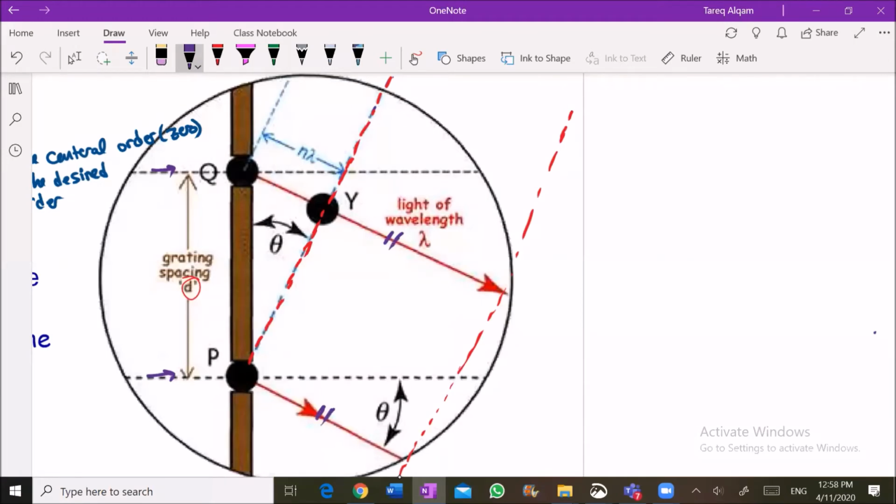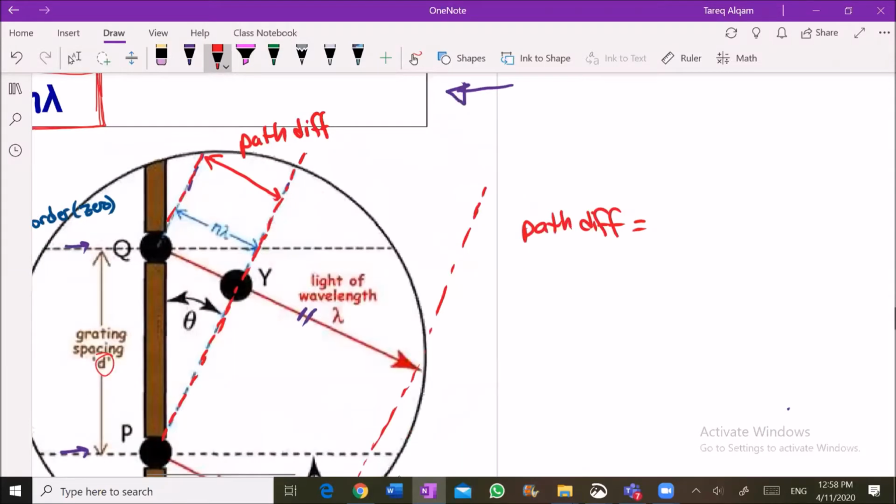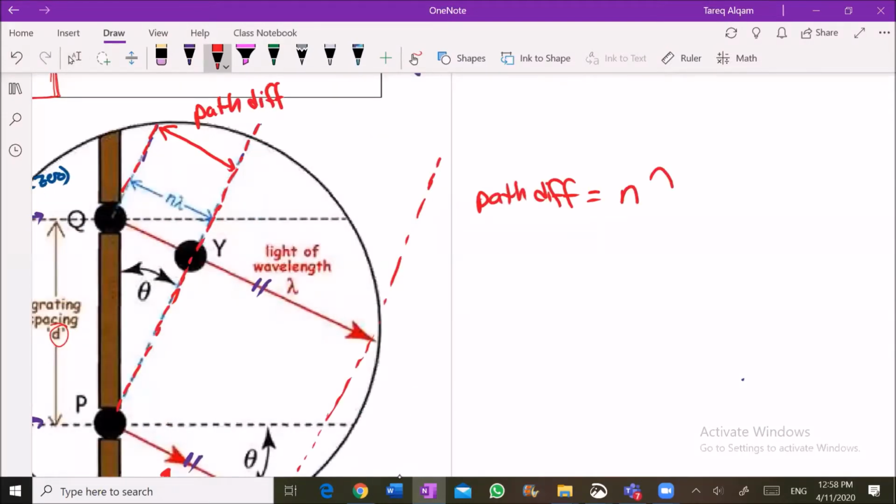Where is the path difference? This part. The light that is outgoing from the upper slit will move this distance extra compared to this one. So the path difference here equals this part. As we mentioned before, the path difference between two adjacent slits must be n lambda to make constructive interference.